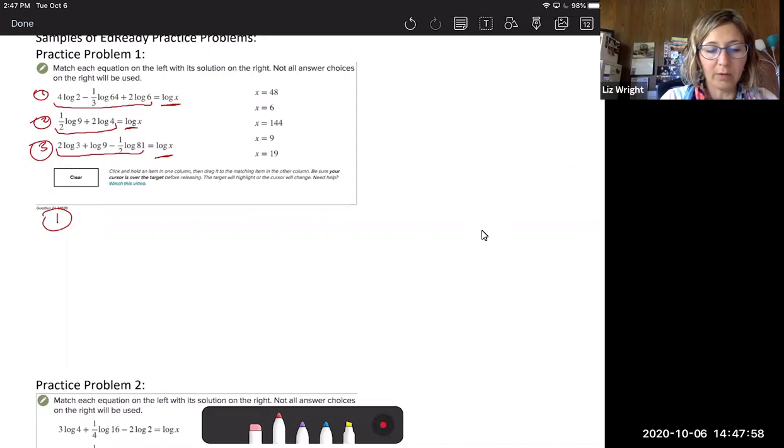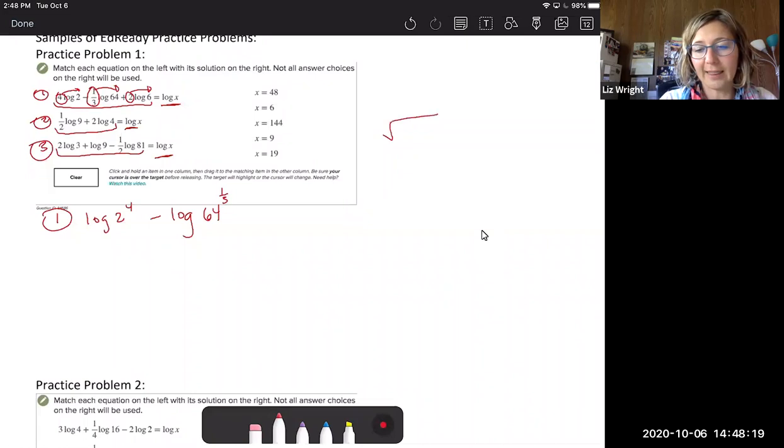So here I'm going to go ahead and put log of 2 to the 4th because I'm going to bring all of these up to be exponents like that. And then I'm going to have minus log of 64 to the 1/3. Again, don't forget, 64 to the 1/3 is like taking the cubed root of 64.